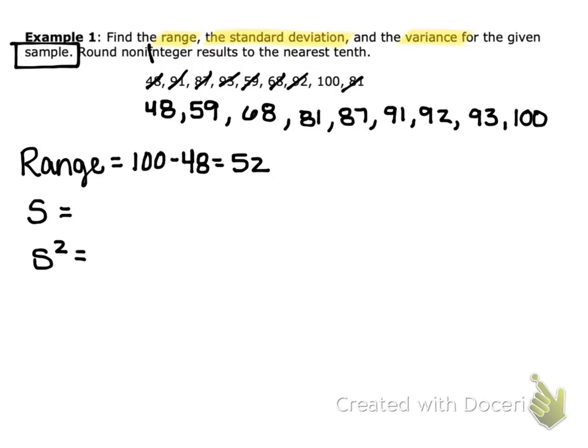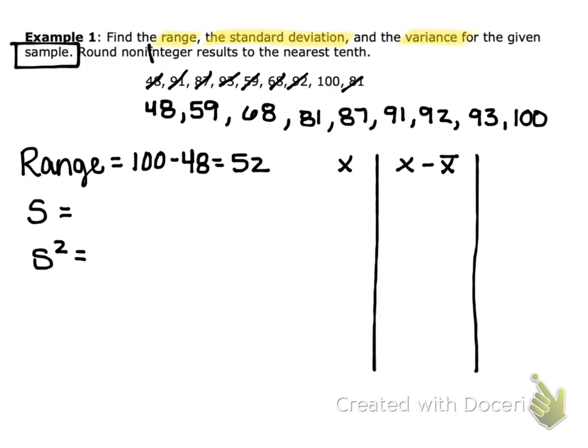Now we're going to start our standard deviation process, and we're going to start that by creating a chart. The first column is going to be X. It's the actual data, the actual number. Then we're going to do X minus X bar, X minus the mean. And then X minus the mean squared.